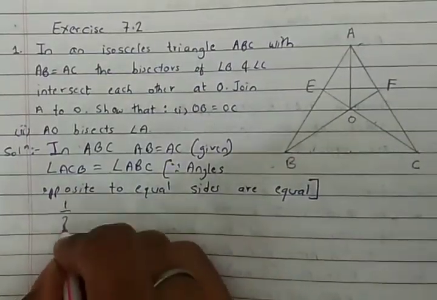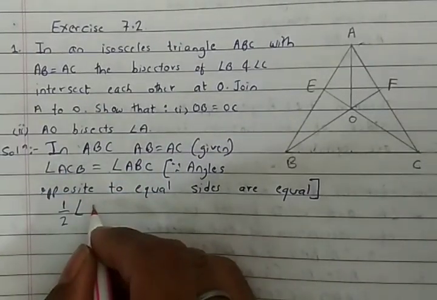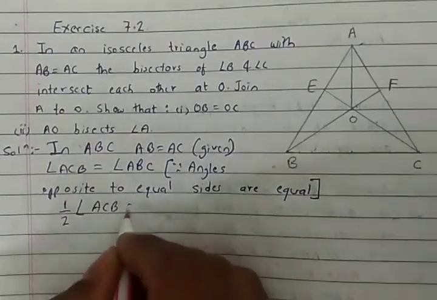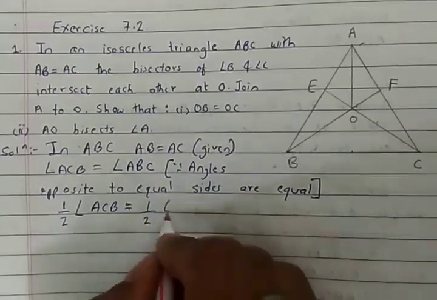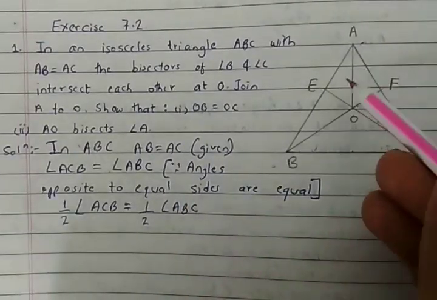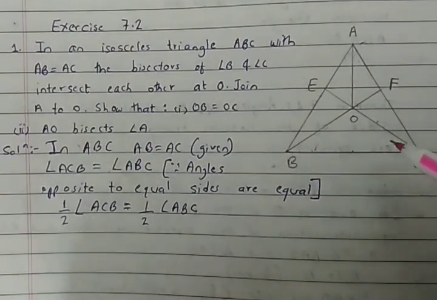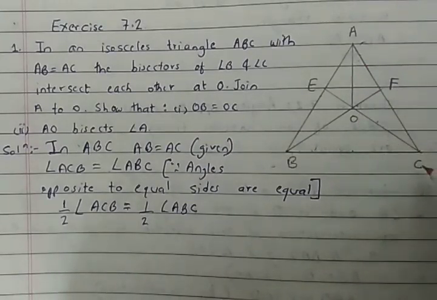Now if you take half on both these sides, what will be the equation? Now half of angle ACB is what? ACO, since C is being bisected, right?